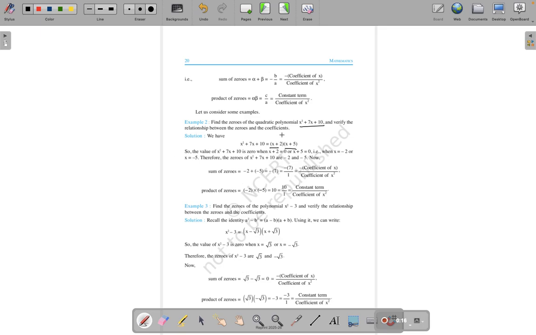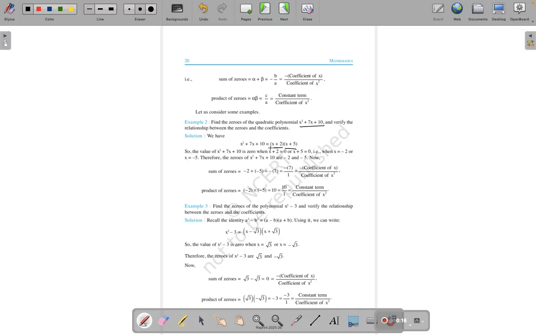Once you have factorized this, you'll get x plus 2 and then x plus 5, right? So what are the roots? x plus 2 is a factor, so what will be the root?